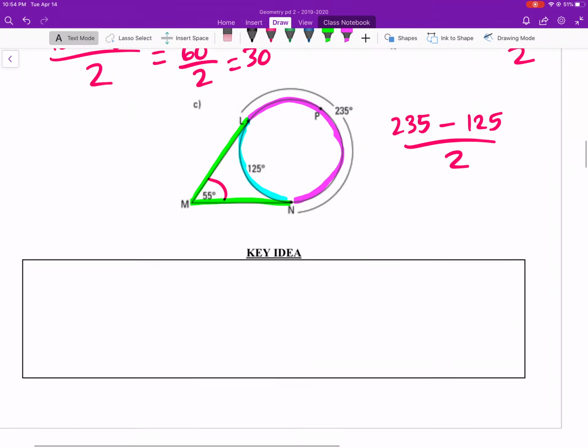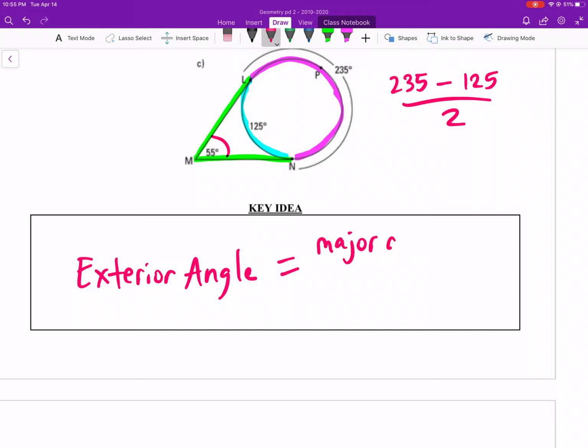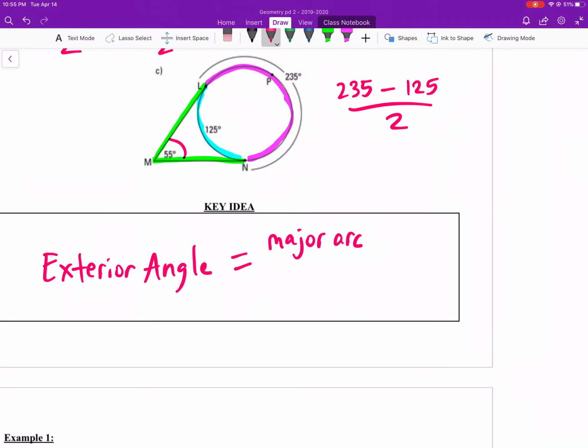So your key idea to find an exterior angle of a circle: the exterior angle is equal to the major arc minus the minor arc. You can substitute those words with bigger arc and smaller arc. The major arc minus the minor arc, and you divide that by 2.